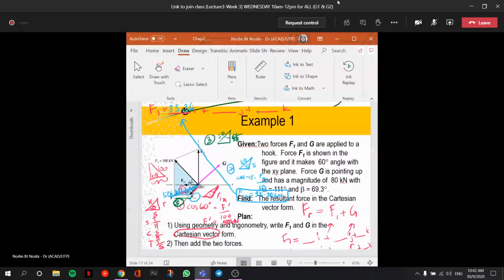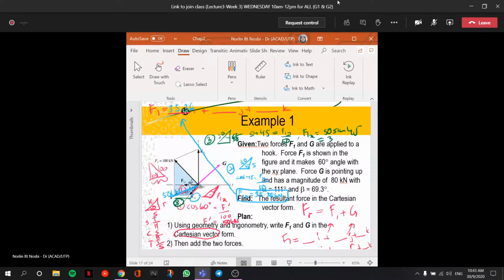So sine 45 equals to f1y over 50. So f1y is 50 times sine 45, equals to 50 sine 45. Then you will get the answer 35.36.